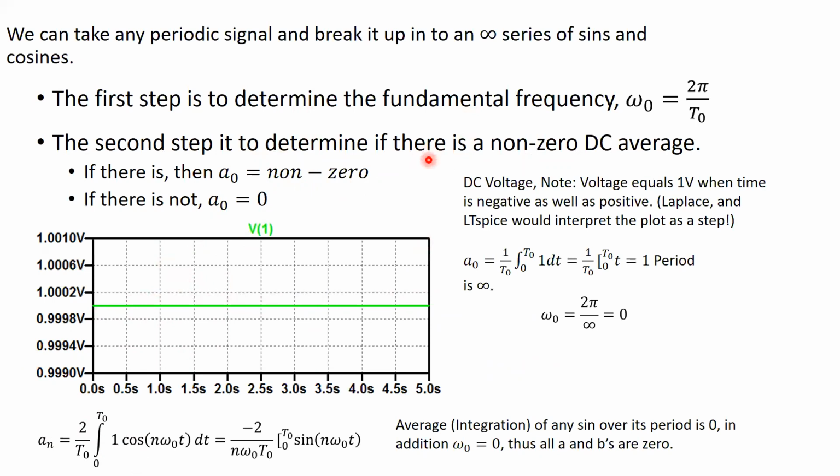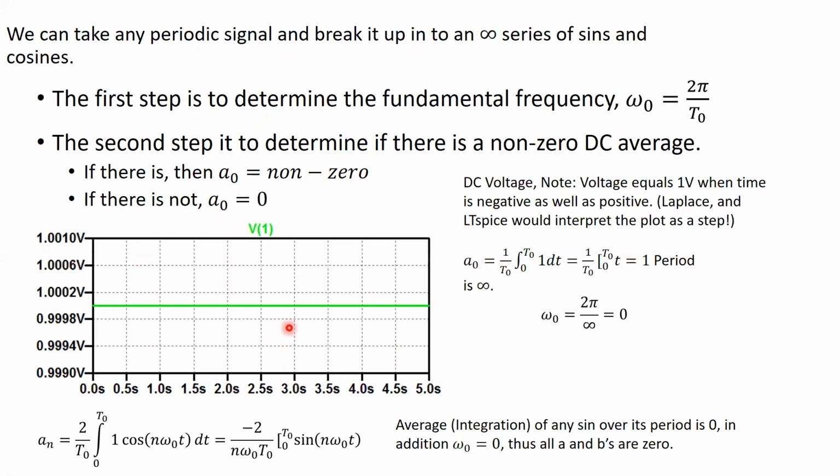And you're thinking it's DC, it never changes, the Fourier series will be like nothing. But let's apply it. Now, like I said before, this is an LTspice. It starts at 0 and goes to 5. But for the Fourier series, this goes to negative infinity and this goes on forever. All right.